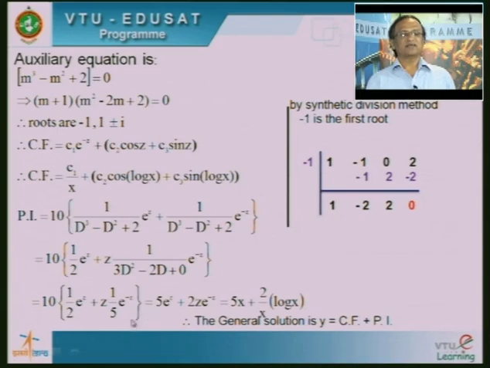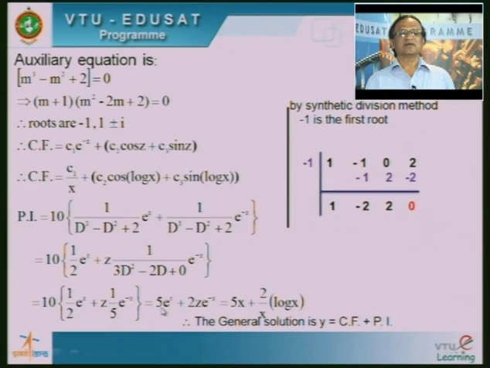Now, I want to write this function in terms of x. Further simplifying, 10 divided by 2 gives 5 e to the power z, plus 10 into 1 by 5 gives 2 times z into e to the power minus z. So, that is equal to 5 times of x plus 2 by x log x.